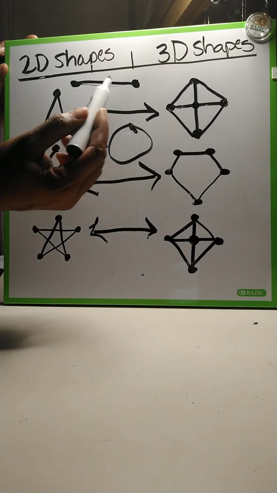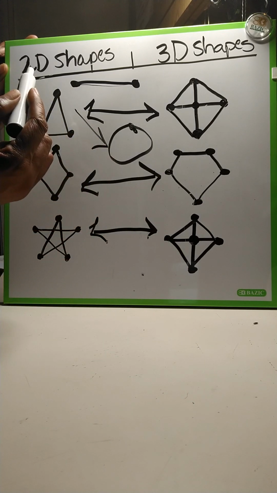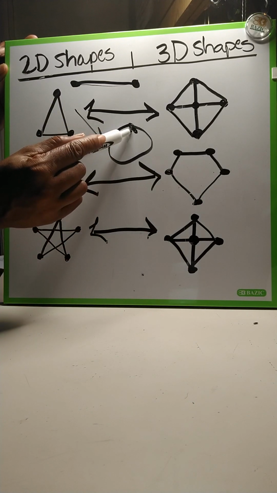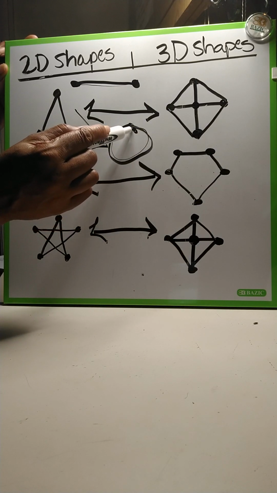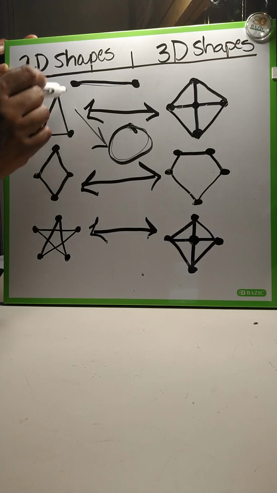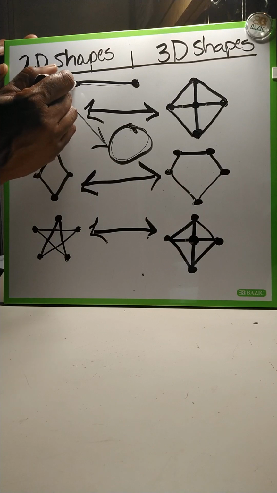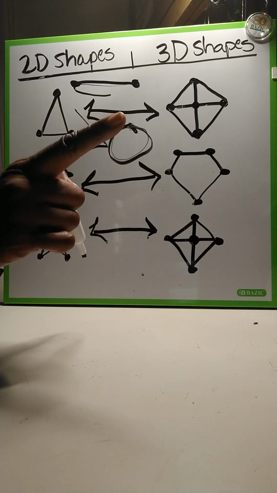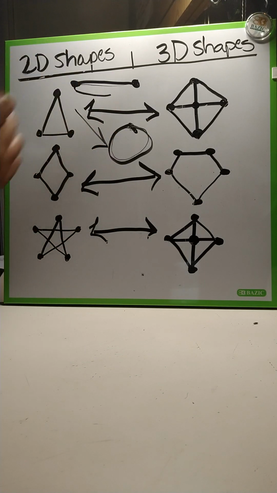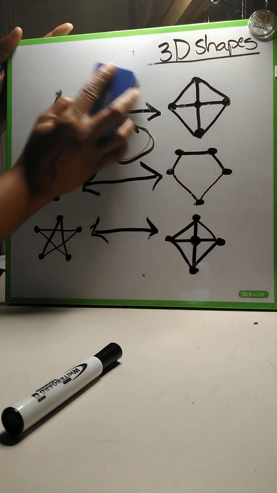From one point to the other point is 2D. So a circle is 2D. You start off with one point and you go around till you get to that same point. That's 2D. If I bent this straight line and put both of these points together, they will merge, making it one point, which is 2D. Alright? Okay. Let's get rid of this.